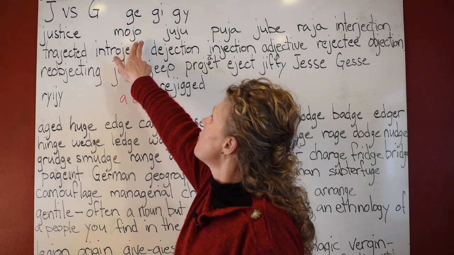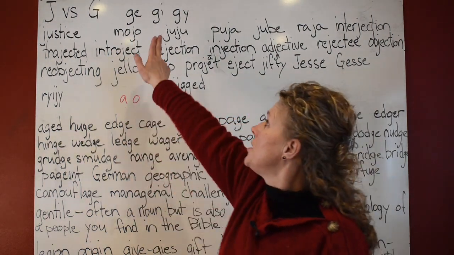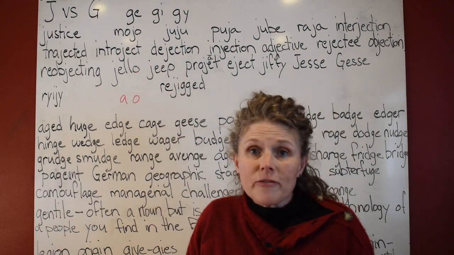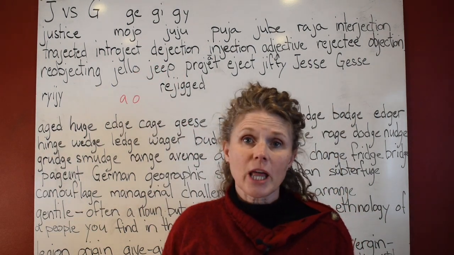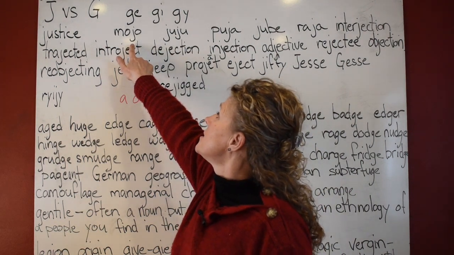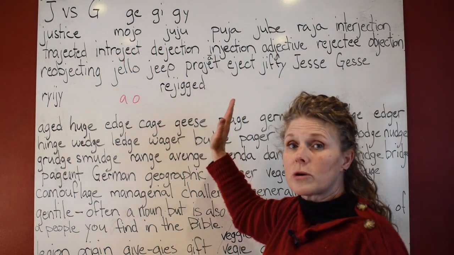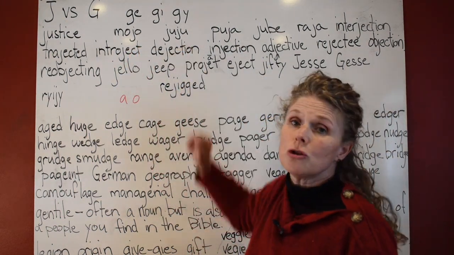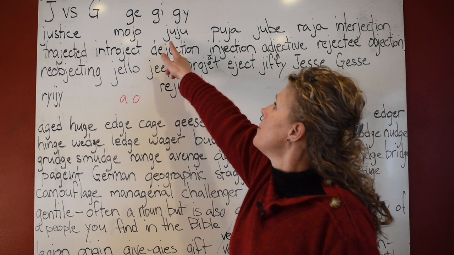Okay, so now we have the word mojo. This is unusual. We don't say this word often when we're speaking the English language, but we do use it. And this is unusual for it to be towards the end of a word like this. Okay, boys? Juju. We do use this, but it's unusual.